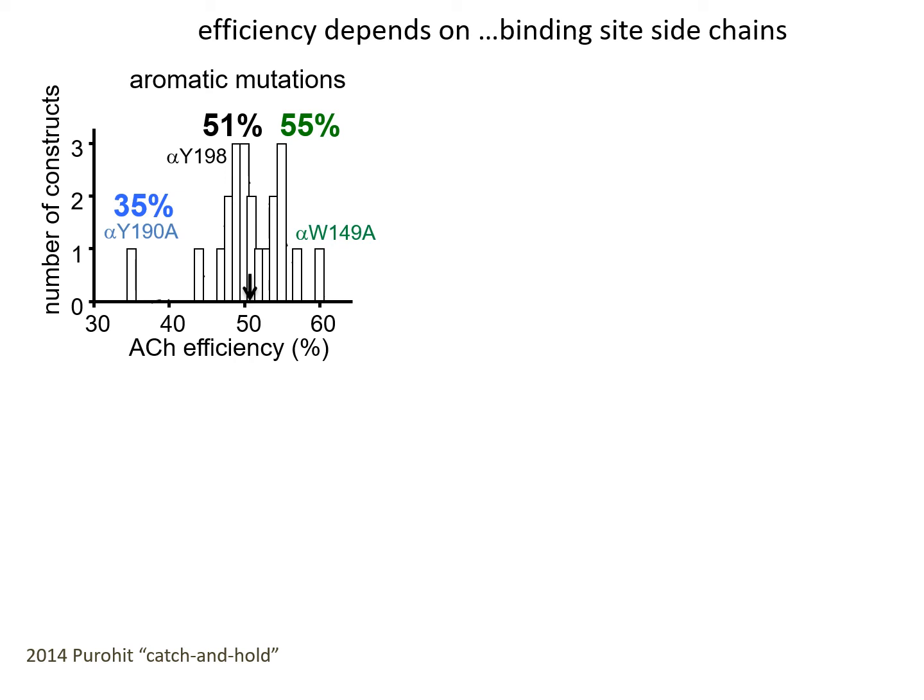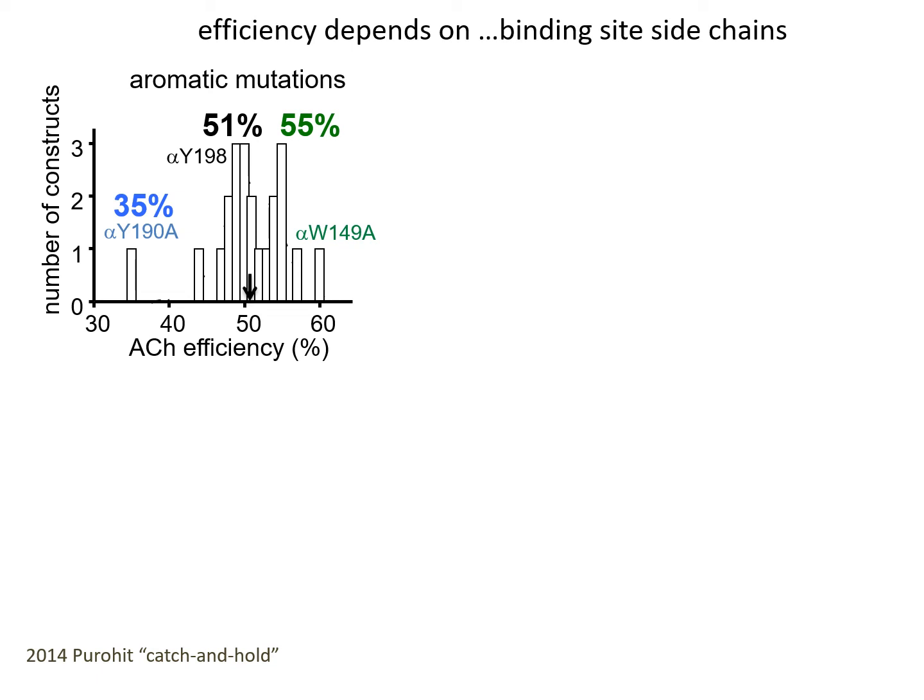So efficiency also depends on the composition of the binding site. Here I'm going to show you the next two histograms, the effects of mutations. This histogram is the effect of 44 different mutations of the aromatic residues: Y190, Y198, W149, as well as a fourth, Y93, which is not a big contributor to binding, but it is in here.